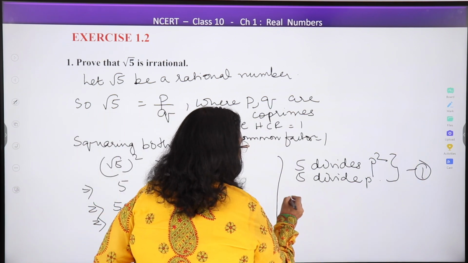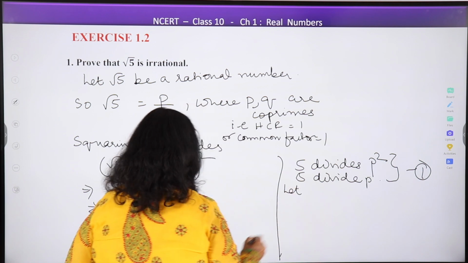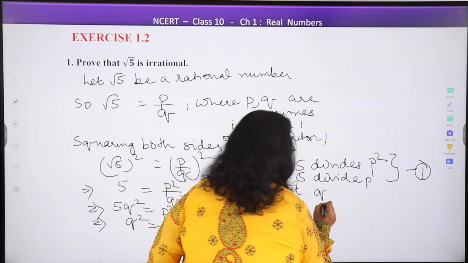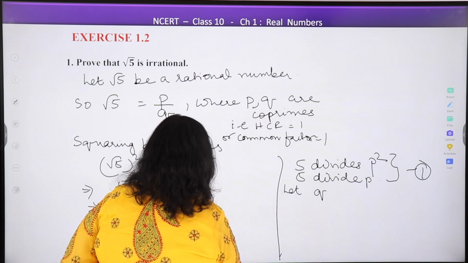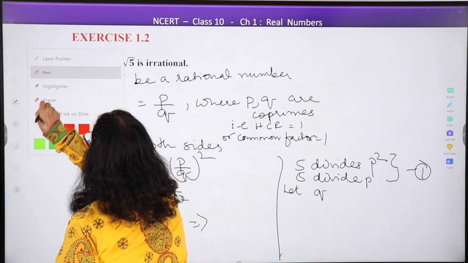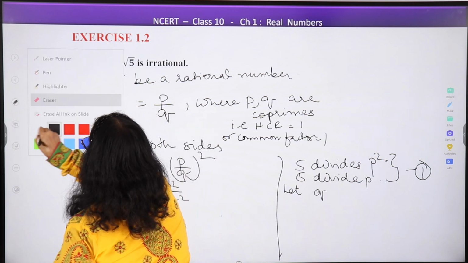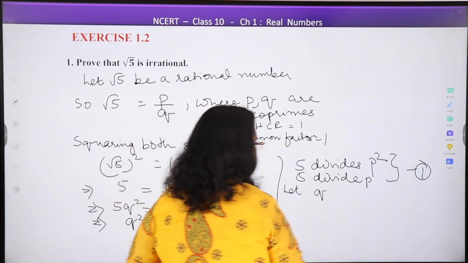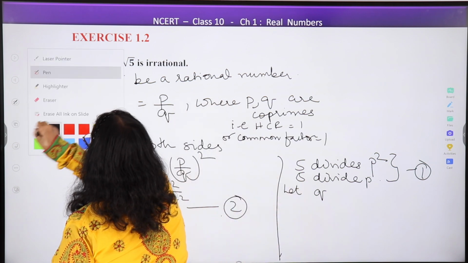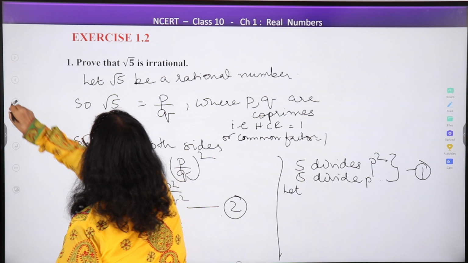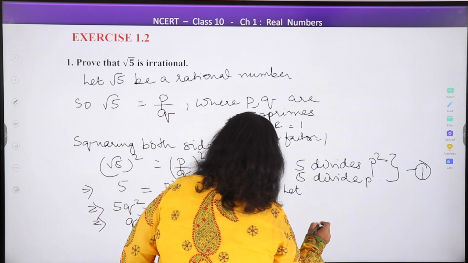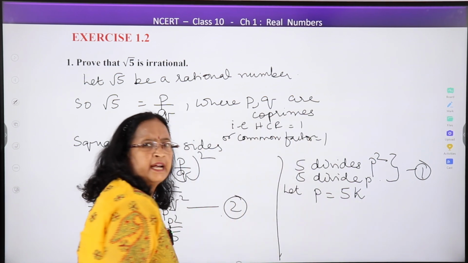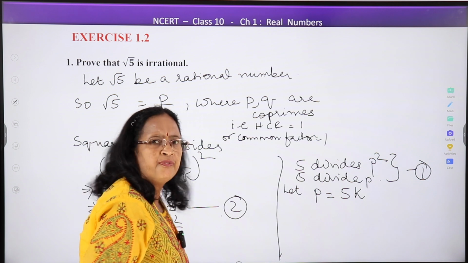Now let p be, this implies, putting this value, let me write this equation 2. Let p is equal to 5k.